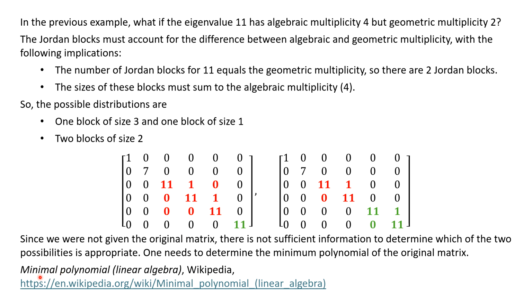So I'll give you a reference here to the minimum polynomial. It's a Wikipedia article, and of course you can look that up in other places too, but this is one place where you can get some information. As I say, it's sort of a research problem to figure out how you go about finding the minimum polynomial, and then how do you apply that to getting the Jordan normal form.